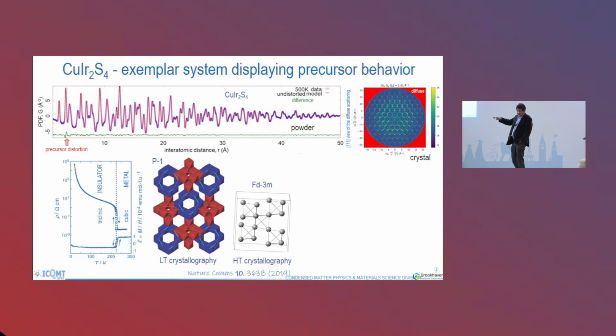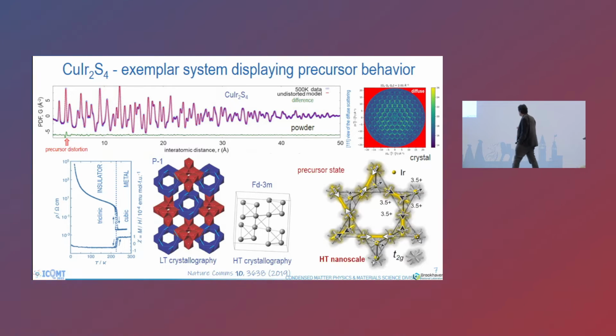Similarly, if you do a single crystal measurement at high temperature in the metallic state, you obtain these maps of very beautiful diffuse scattering that has this characteristic bow tie shape.